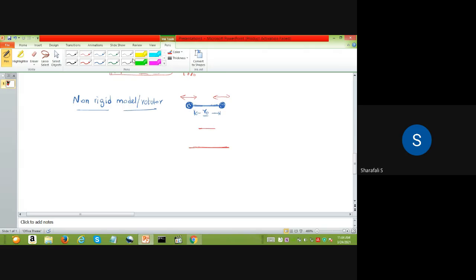In this case, we will have that atom which is here, and in this case you will have that atom. So your R0 is changing. Initially R0 was at this point, then it is decreased in this case, and it is increased in this case.